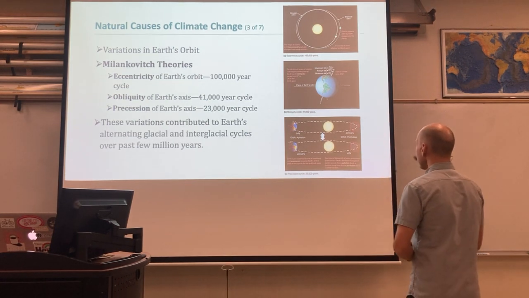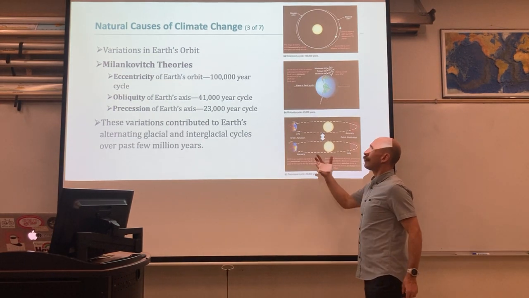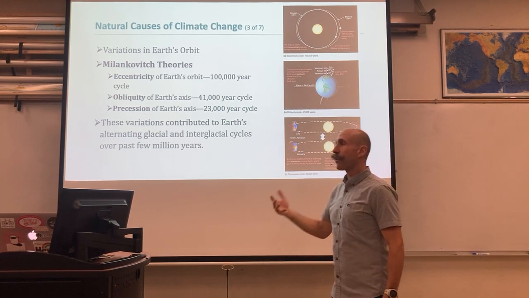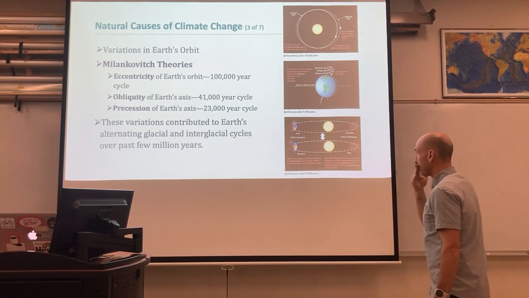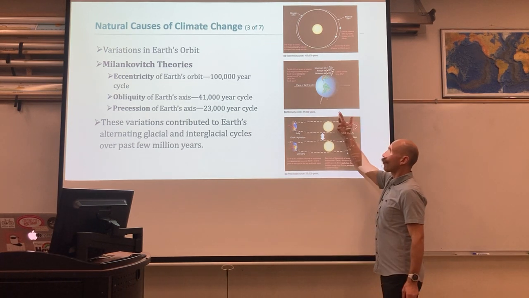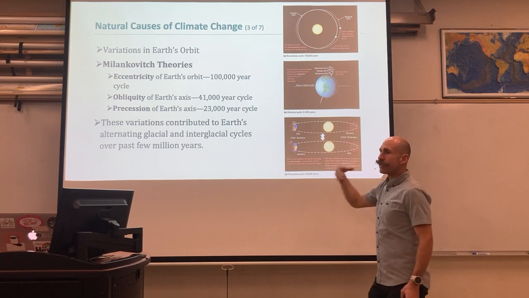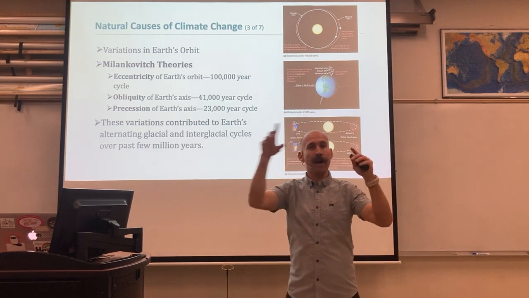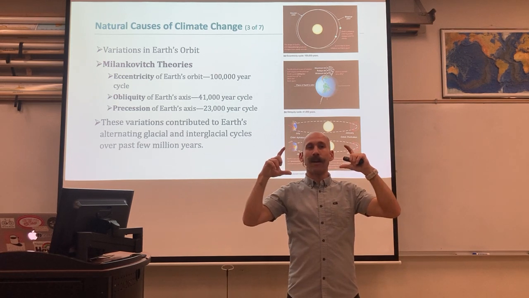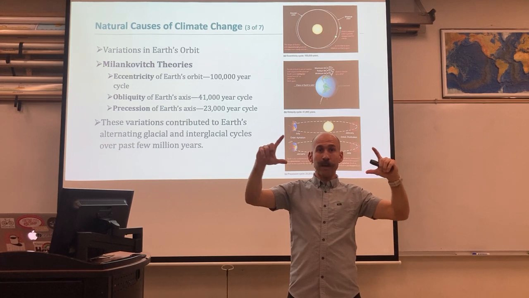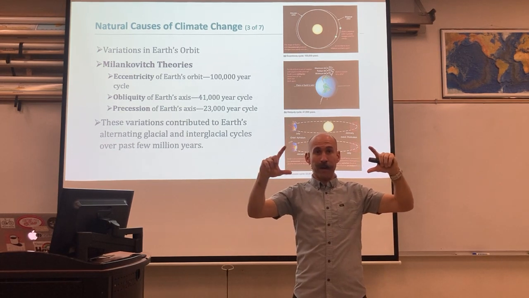Got it. Well, how about these ideas of Milankovitch cycles? So this was a very intelligent researcher who came out and said, well, hold on, wait a second. There's an eccentricity to the Earth. The Earth revolves around the sun on an elliptical orbit. That elliptical orbit wobbles a little bit.